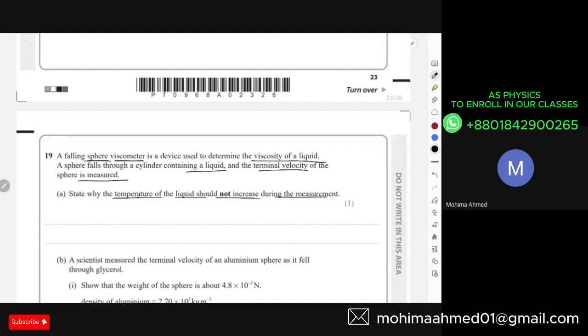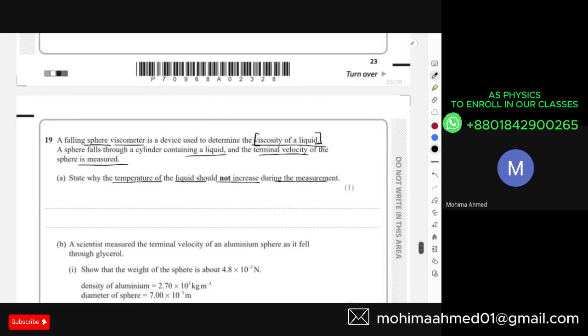Because the main thing that we're trying to calculate is viscosity, and viscosity depends on temperature, right? Or kind of is inversely related to temperature. So if the temperature increases, viscosity would decrease, and it would be very difficult for us to calculate a very small value of the viscosity, right? The smaller the data, the larger the uncertainties. That's why it's very difficult to calculate smaller viscosities. As they're only giving you 1 mark, no need to write all of these things.